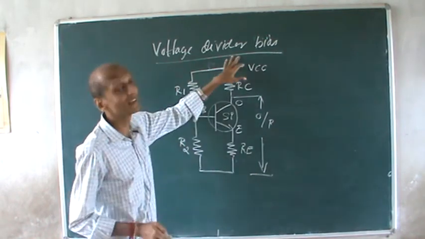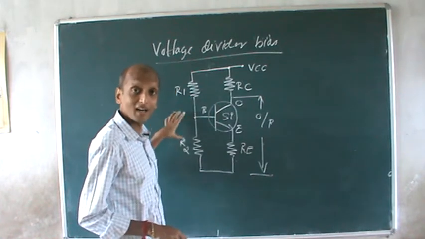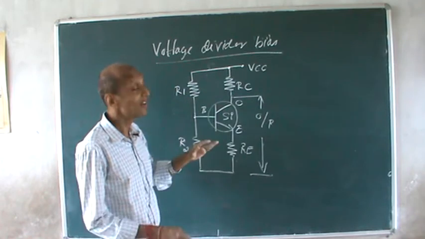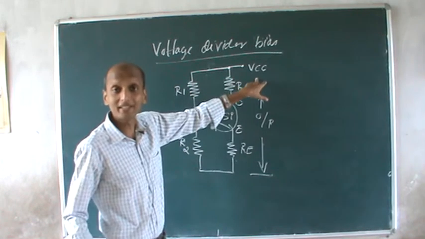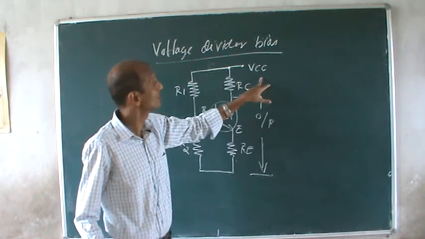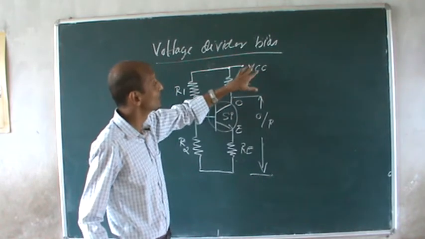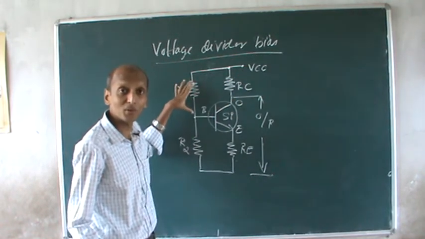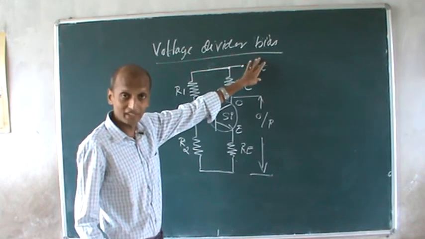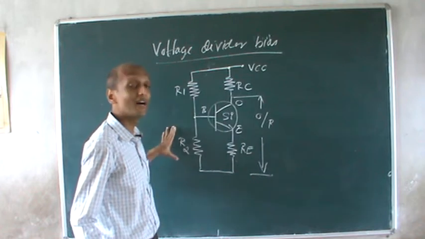The name voltage divider bias comes from the fact that R1 and R2 are the two important resistors which will divide the voltage. What voltage is it? It is the VCC voltage, the voltage given as a single bias voltage. This voltage will be divided across the two resistors R1 and R2.